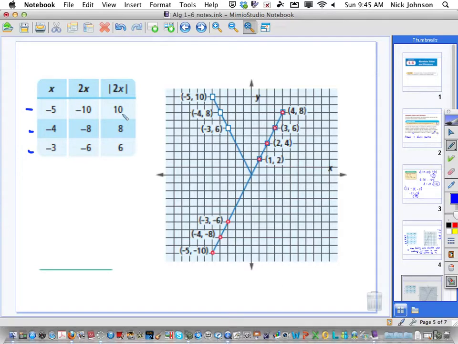So, if I were looking at this graph, this V right here is my expression, the absolute value of 2x. This red line right here is my 2x expression.